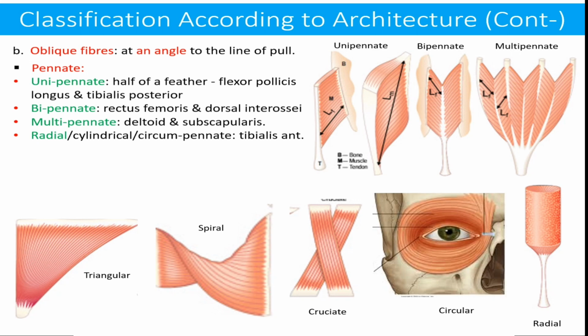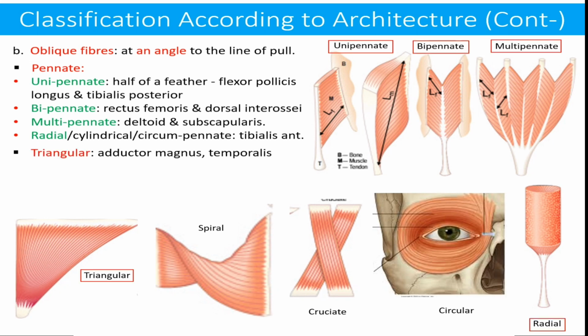Fourth is radial muscles, in which all the muscle fibers get attached to the side of a tendon, and this type of muscle is represented by tibialis anterior.